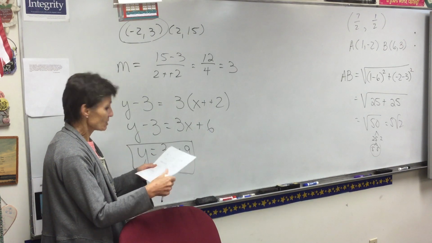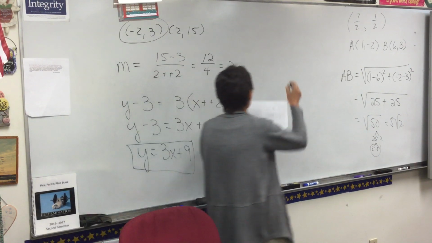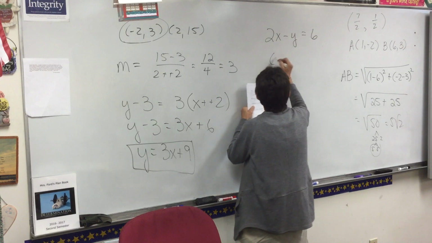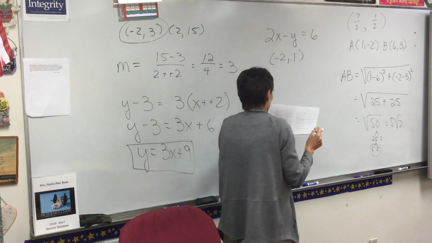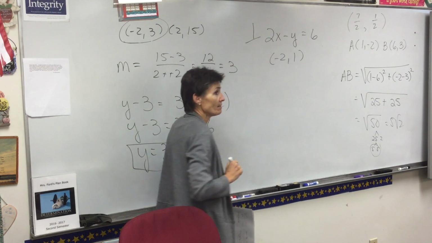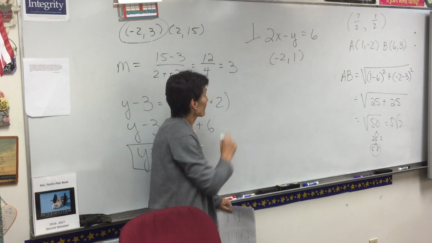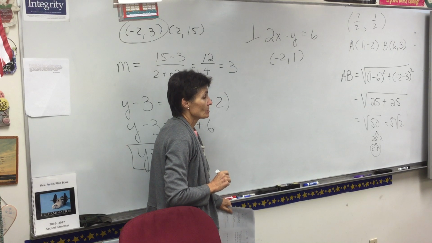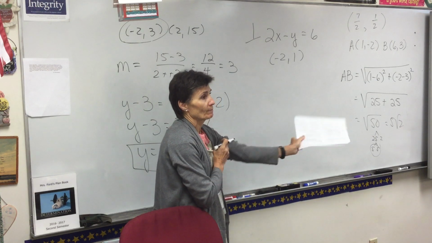Okay, now the next one is almost the same problem, except we want to be perpendicular to this line and contain that point. So what do I need to do first?